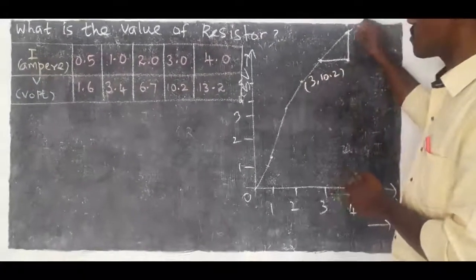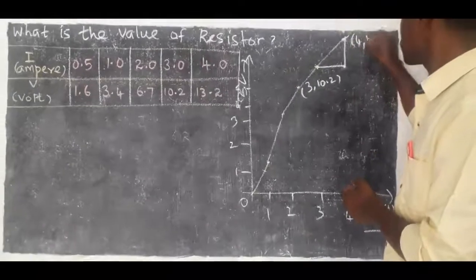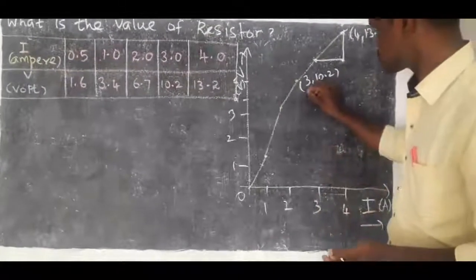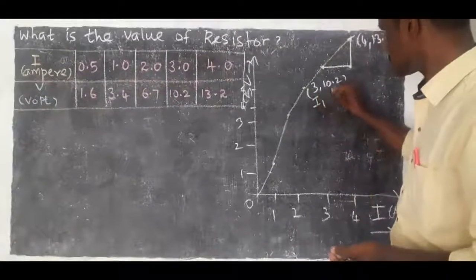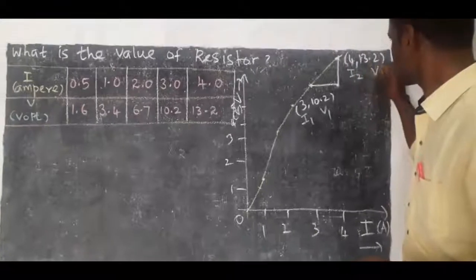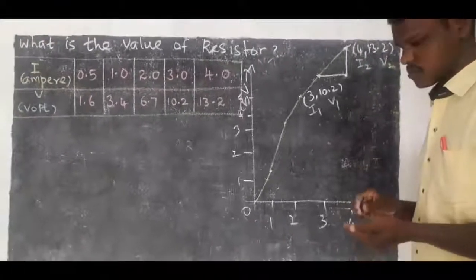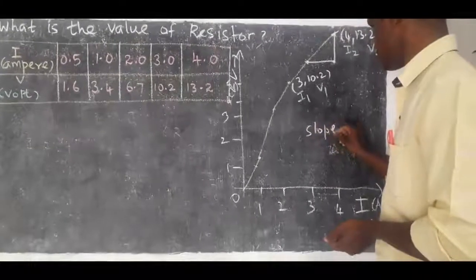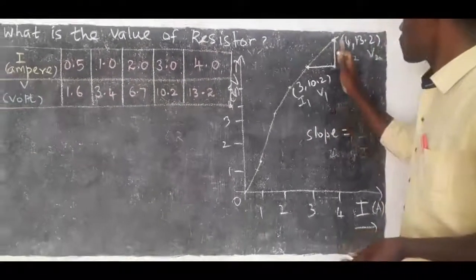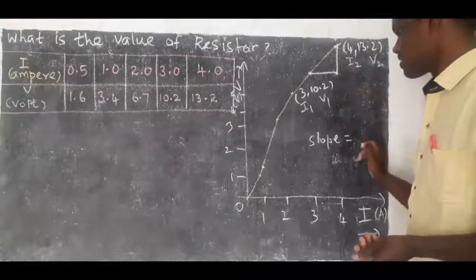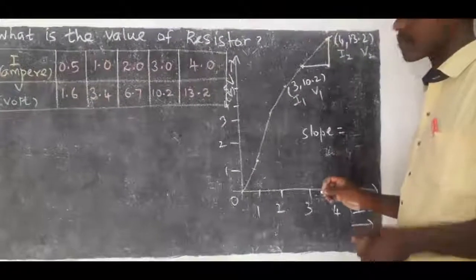This is I1 and V1, and this is I2 and V2. What is the formula for slope? Y divided by x; the formula for slope is y by x.